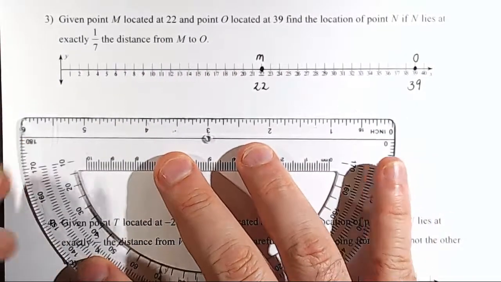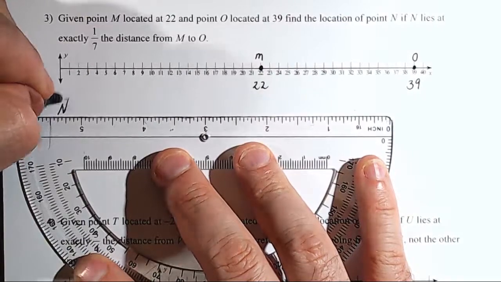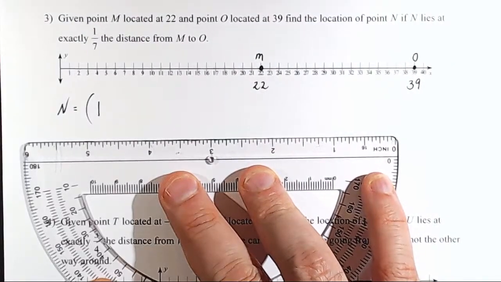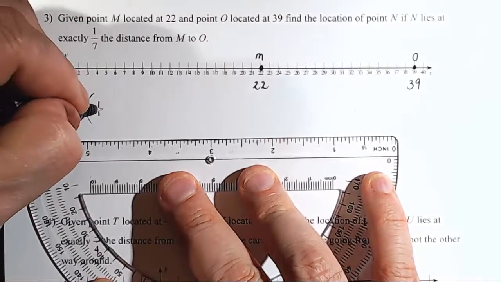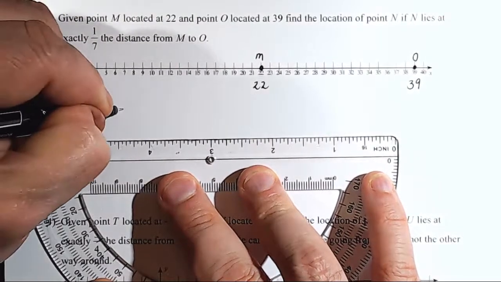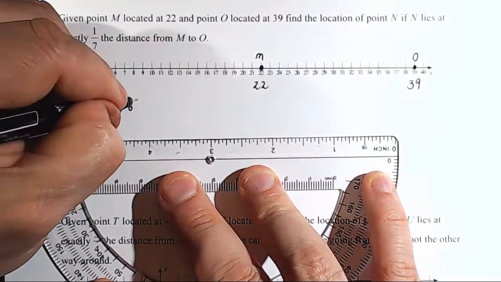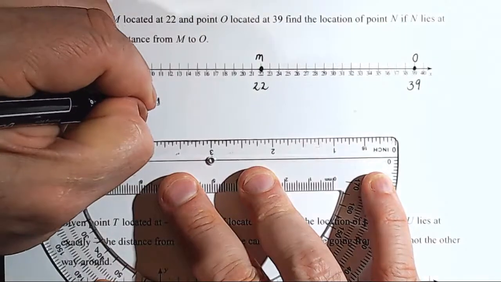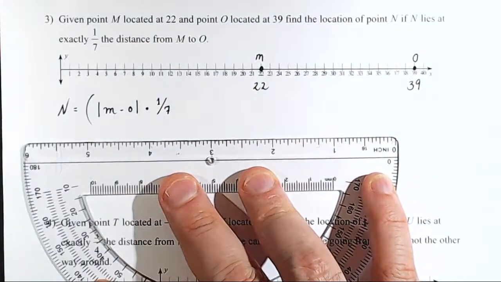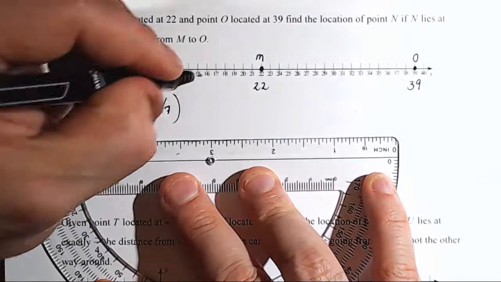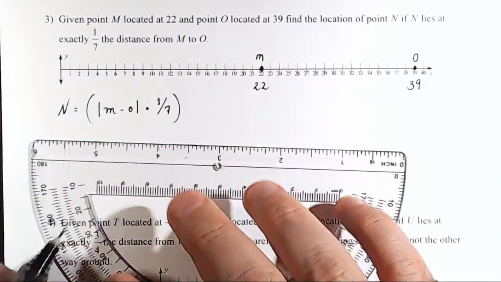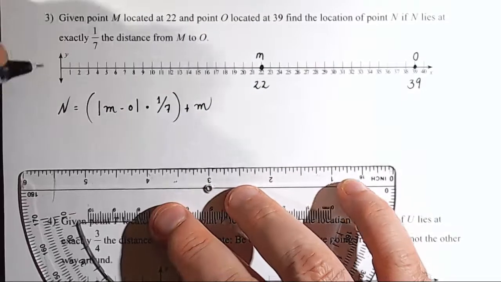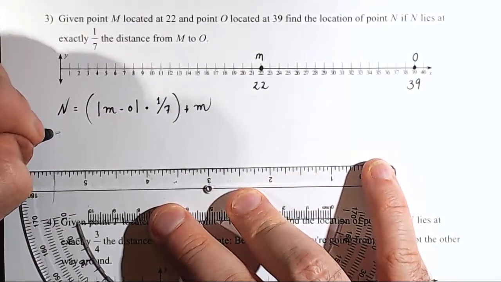All right, so this is starting to become somewhat mundane. N is going to be equal to, open parentheses, open absolute value, M minus O, close the absolute value, multiply by your fraction, which will be 1/7, close parentheses, and then we're going from M to O, so it'll just be plus M. Okay, so let's substitute in the values.